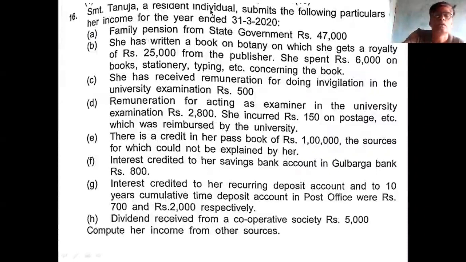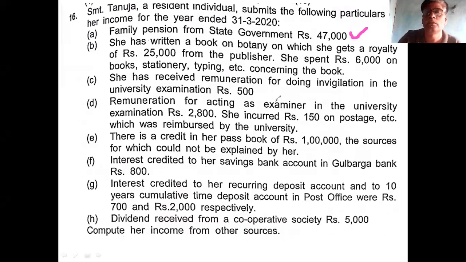Srimati Tanuja, a resident individual, submits the following particulars of her income for the year ending 31st March 2020. First is pension from Government of Karnataka 47,000. This 47,000 is the pension received. Out of this, 1/3 of the amount or 15,000, whichever is less, is exempted.